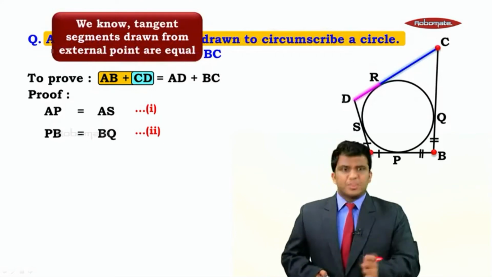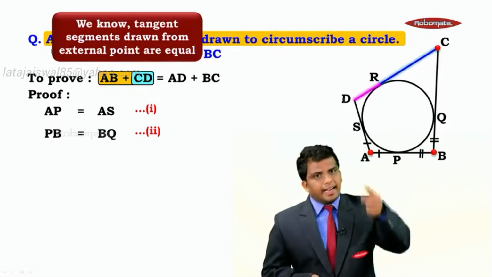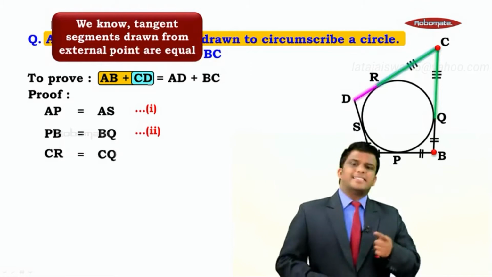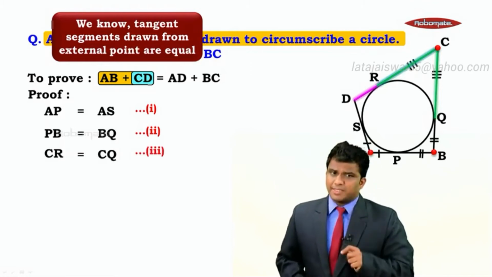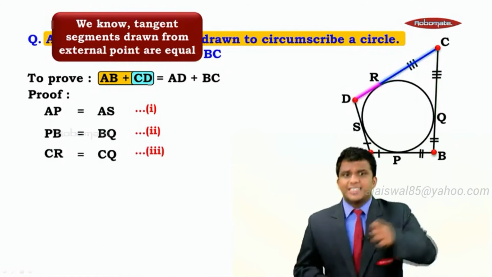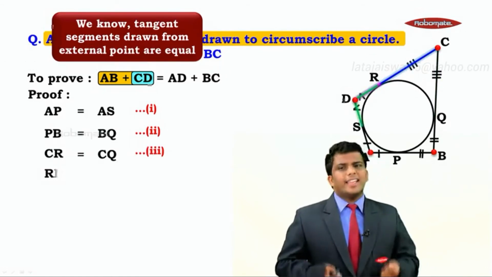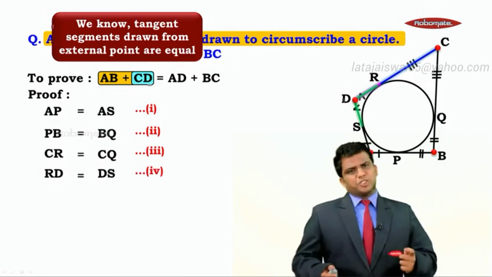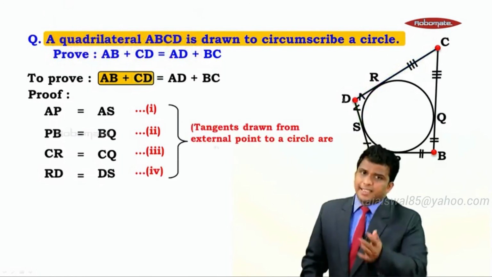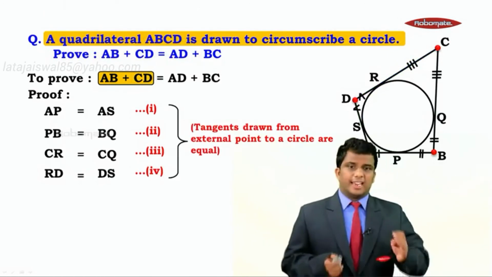So let's talk about C. From C, one of the tangents is CR and the other has to be CQ. So we now say CR is equal to CQ, result number 3. What about D? From D, we have one tangent as DR and the other tangent is DS, and the lengths are equal. So RD equals DS, result number 4. And the reason is very simple. The reason is tangents from an external point to a circle are equal in their lengths.